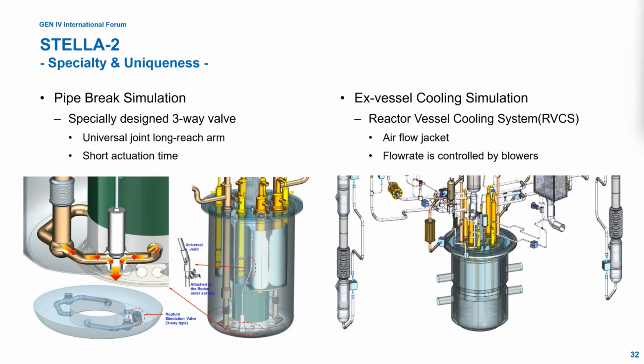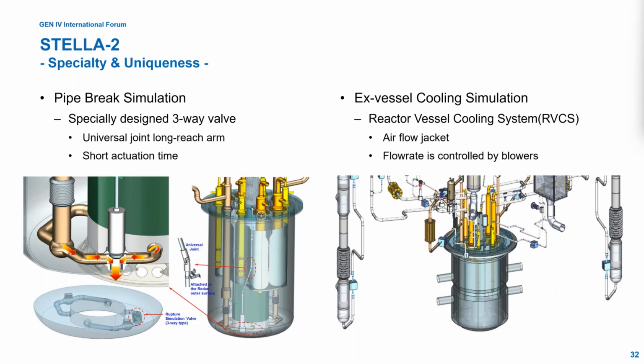And these are what STELLA-2 makes special and unique. It is capable of simulating the pipe break inside the pool and simulating the ex-vessel cooling. To do this, we have installed a specially designed three-way valve, which has a universal joint, long reach arm, and very short actuation time.